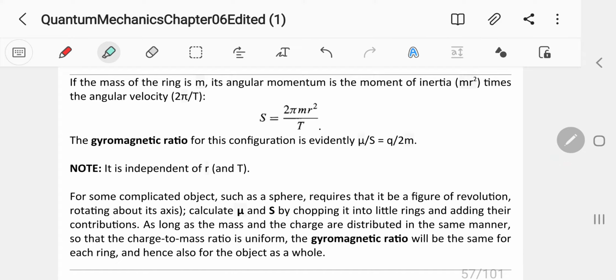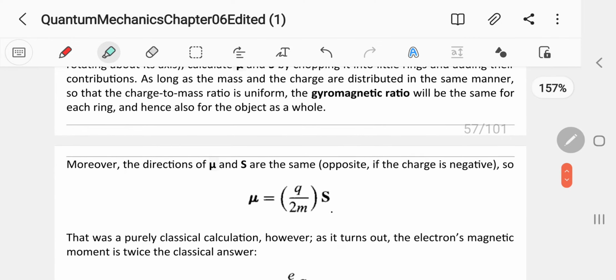If the mass of the ring is m, its angular momentum is the moment of inertia times the angular velocity, which is just this one here. And the gyromagnetic ratio, which is mu over S, is equal to q over 2m, and you can see from here that it's independent of r and T. So we can substitute that into our magnetic moment.